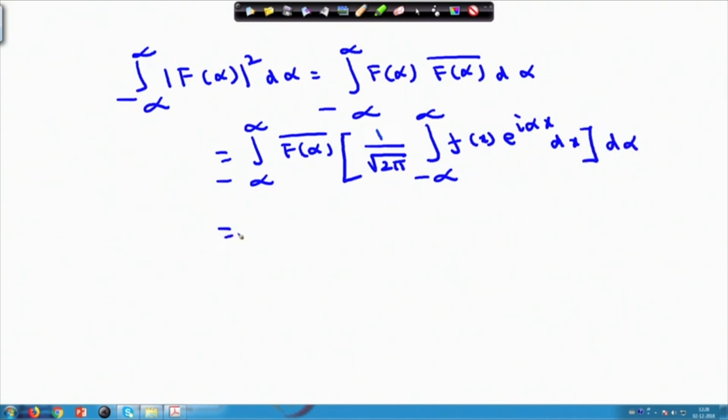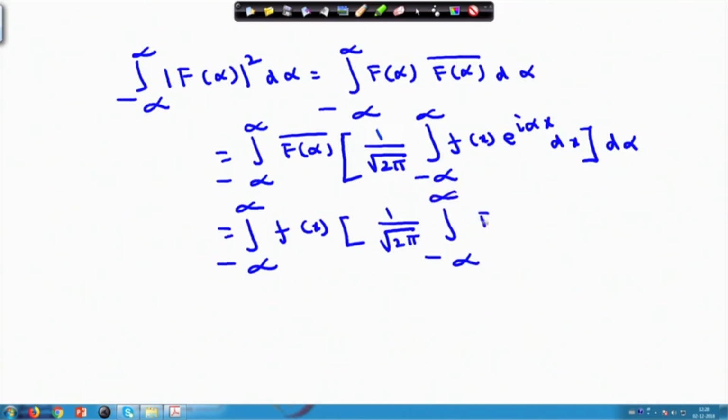So, this equals, now if I change the order of the limits, that means first integrate with respect to alpha, then integrate with respect to x, then f(x) will come outside, f(x) into 1 by root 2 pi, integral from minus infinity to infinity of F(alpha) mod into e power i alpha x d alpha into dx.